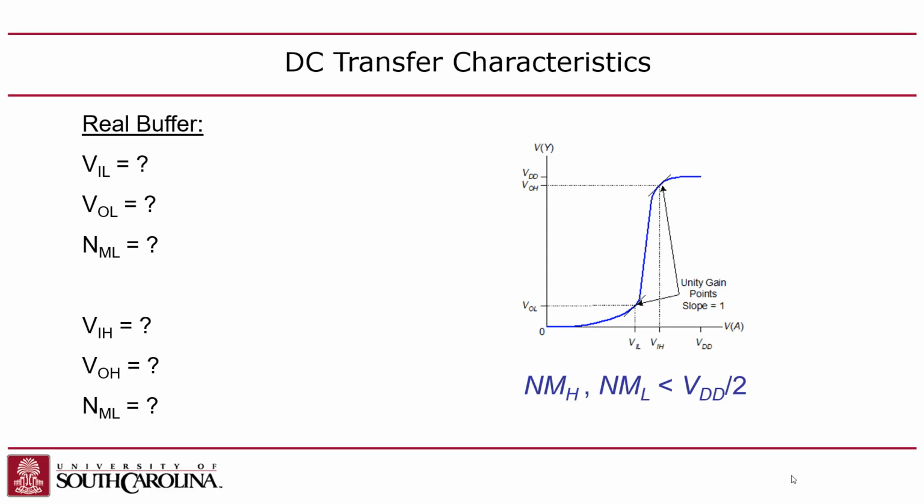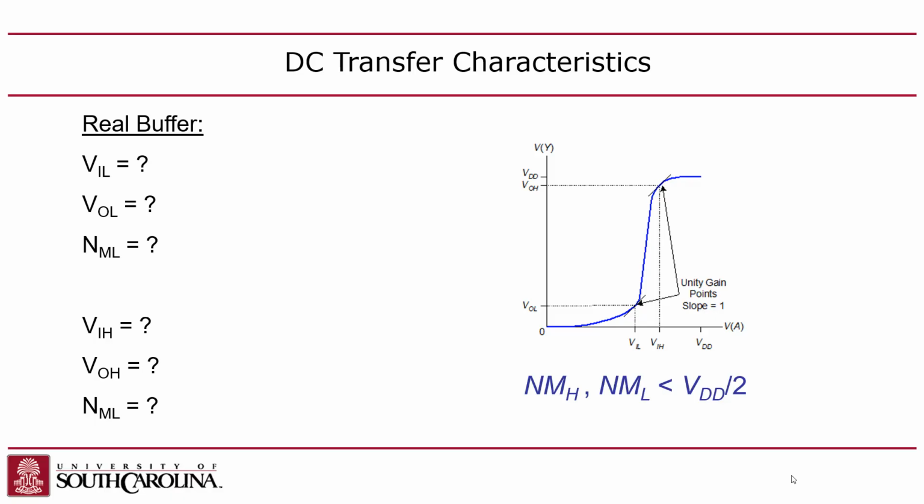So this is the threshold, but for the sake of this discussion, this is the VIL, the input low. That's the point at which this happens. When I hit the input low, the highest input that's considered logic zero, at that point you're going to see what's called the unity gain.